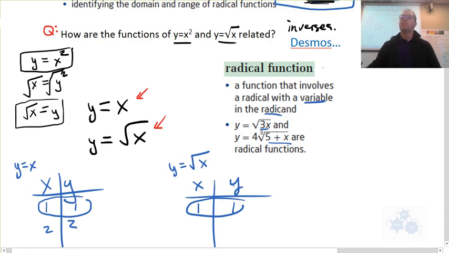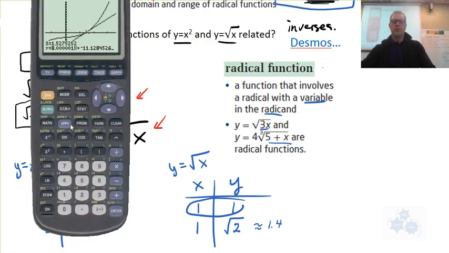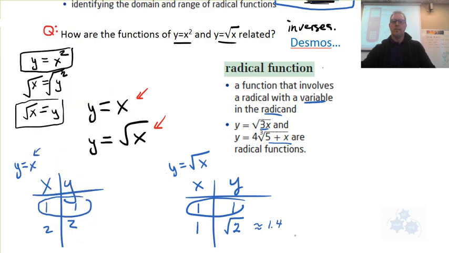And what about this? 2, 2 is on this graph. How does it change here? Well, if x is 2, y then is the square root of 2, or about 1.4. The square root of 2 is 1.414.